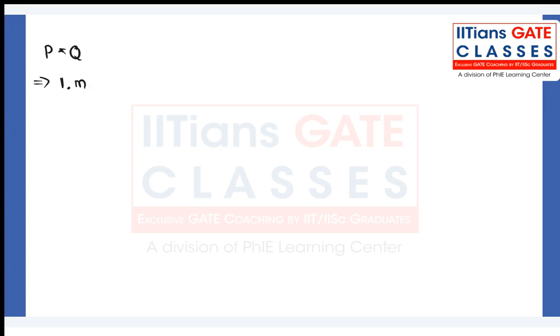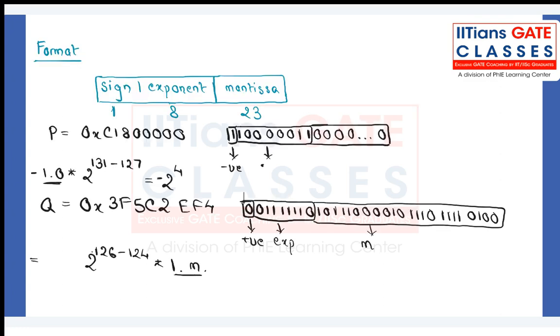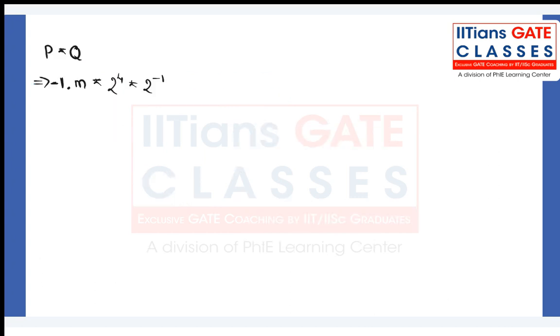Minus is there because minus multiplied by positive is minus. 2 to the power 4 multiplied by 2 to the power minus 1, because the bias is 127, sorry. So 2 to the power minus 1 multiplied by 2 to the power 4 is nothing but minus 1 dot m multiplied by 2 to the power 3.